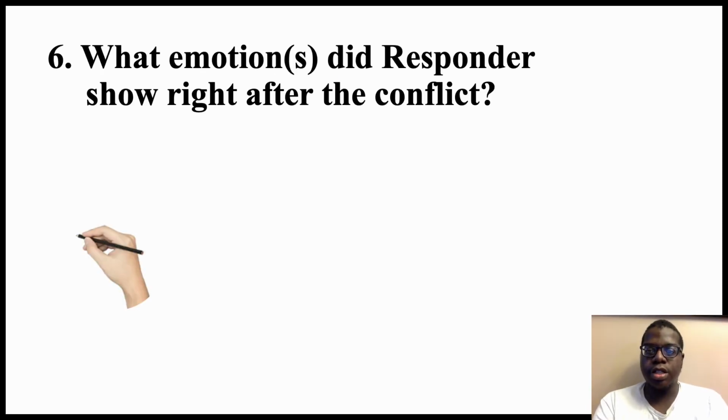Read the question. Question 6. What emotions did responder show right after the conflict? Think back to the snippet. Use what you know about what type of facial expressions and body language go with emotions. He seemed to be annoyed.